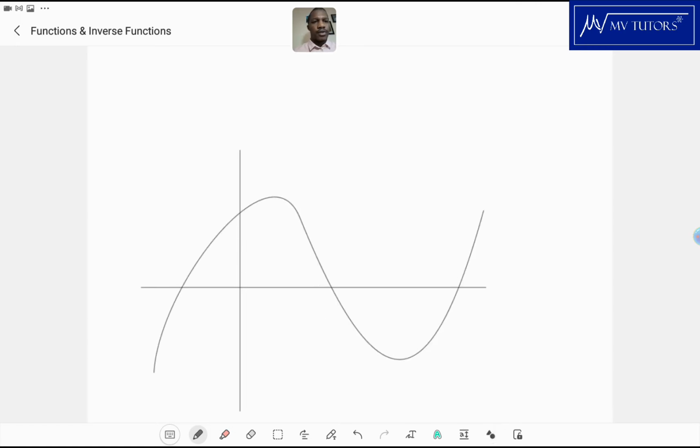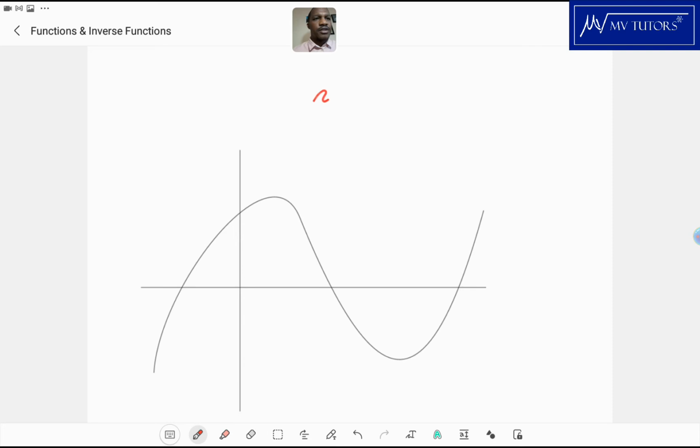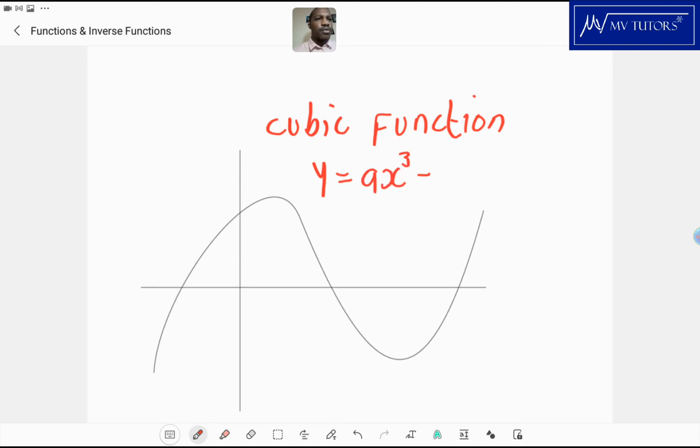This one is what we call a cubic function, and it's given by the formula y equals ax cubed plus bx squared plus cx plus d.